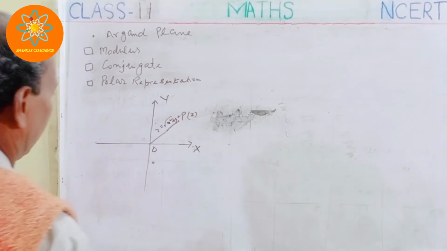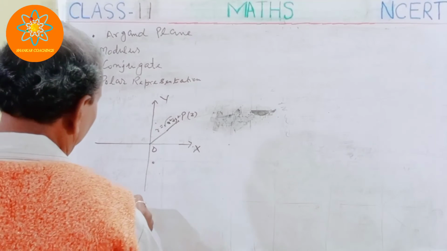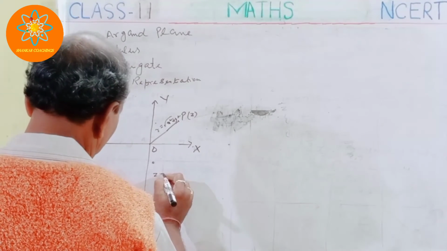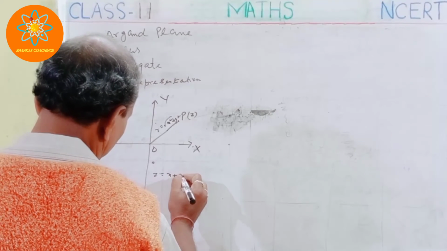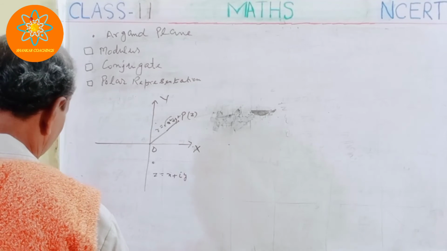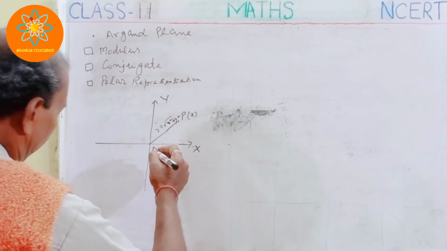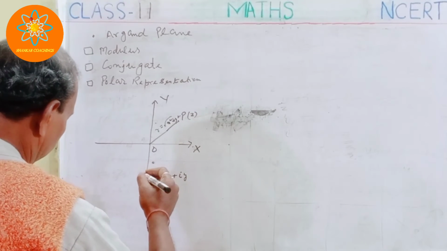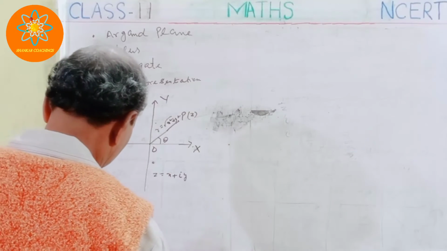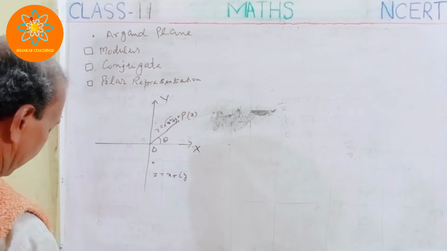Let's suppose z is any complex number, and it is denoted by x plus iota y. Let this directed line OP make the angle theta in the positive direction of the x-axis.